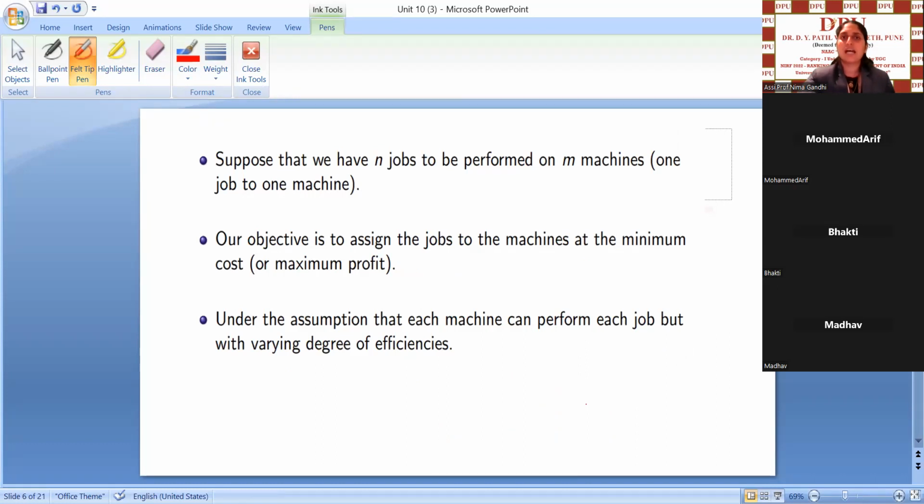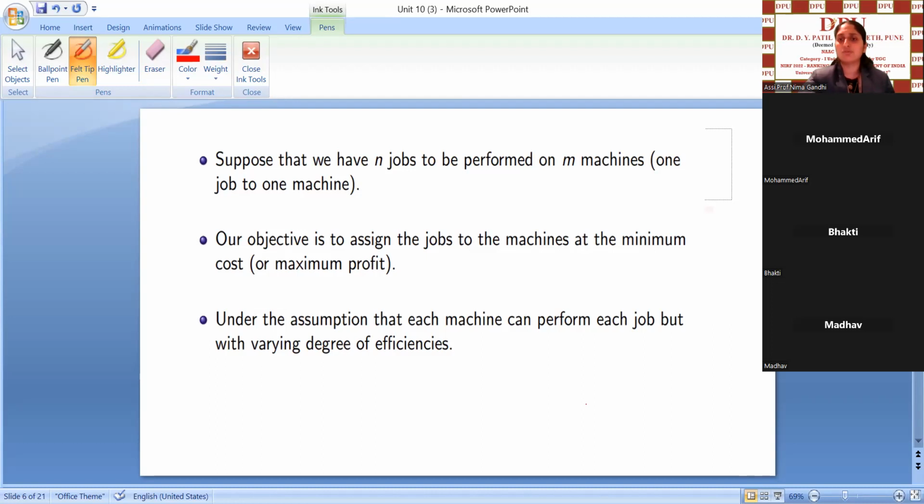So suppose that we have n jobs to perform on m machines, and our objective is to assign the jobs to machines at a minimum cost or maximum profit, under the assumption that each machine can perform each job but with varying degrees of efficiency. The degree of efficiency is different, and workers working with that machine also have different efficiency.